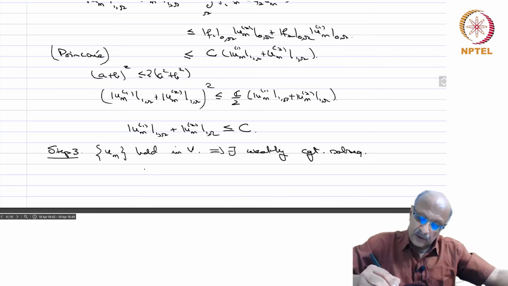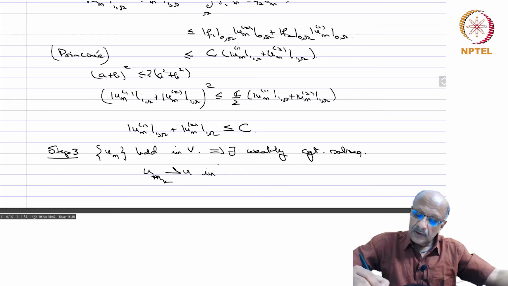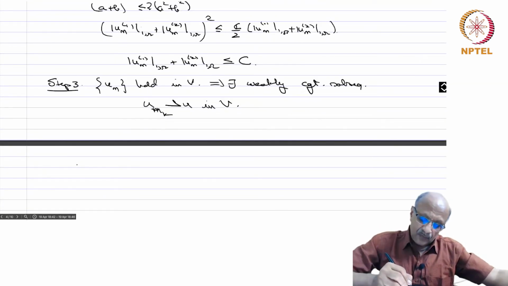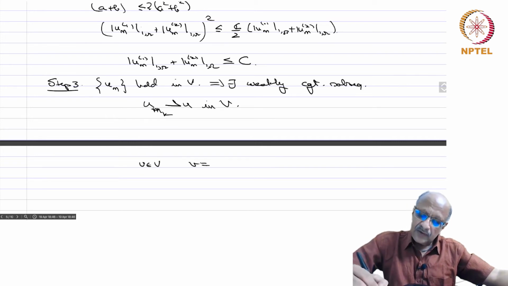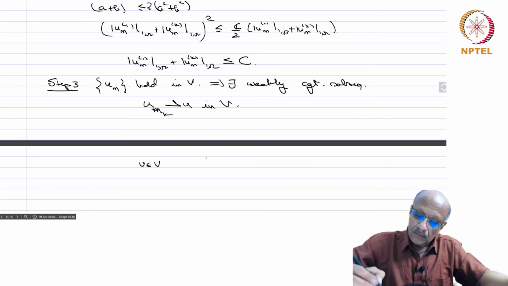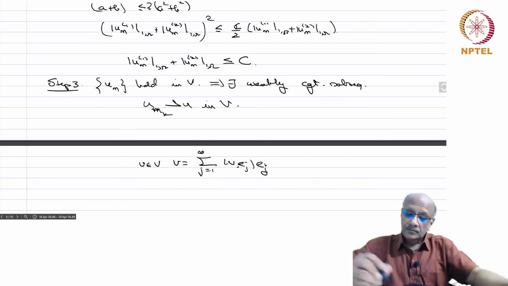So, let us take u_mk weakly converges to u in V. Now, V is a Hilbert space, so any element v in V can be written as v equal to sigma j equals 1 to infinity (v, e_j) e_j.